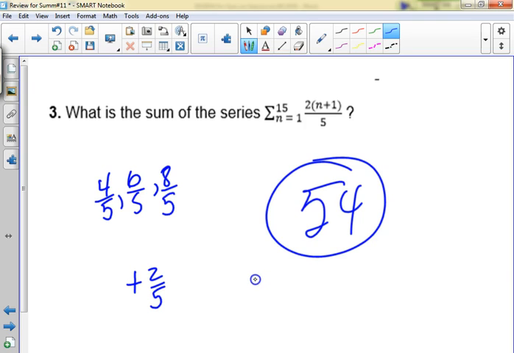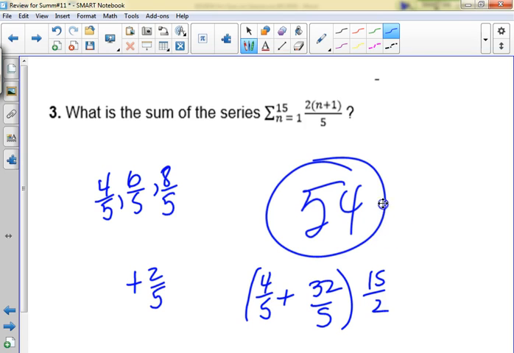So it would be the first term is 4/5 plus the 15th term, which would be 32/5, all times 15 over 2. Let's see if that works. 36/5 times... Yeah, I got 54 doing it 2 different ways. All right. So that's the review for the quiz.